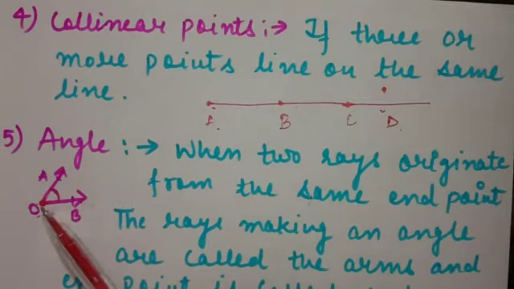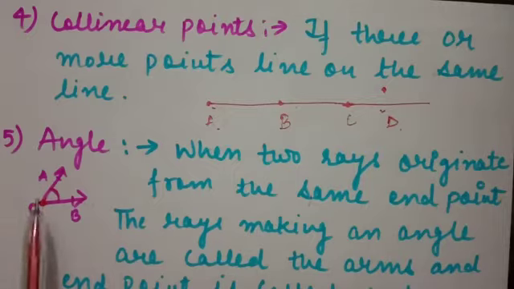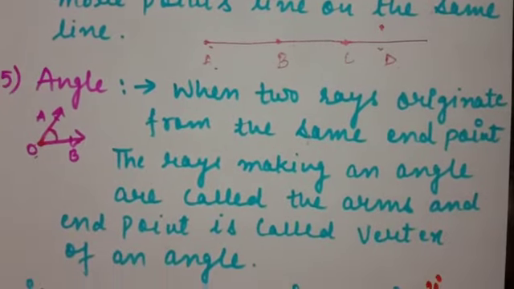They originate from the point O. The rays making an angle are called the arms, and the endpoint is called the vertex of the angle. O is the vertex of the angle, and OA, OB are the arms of the angle. This is the definition of angle.